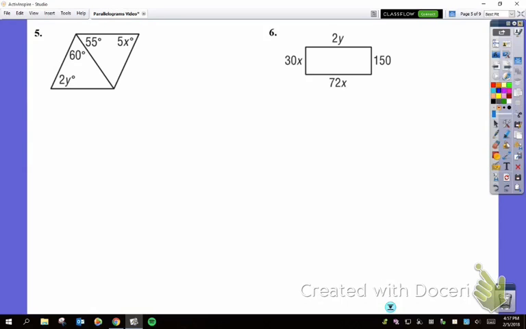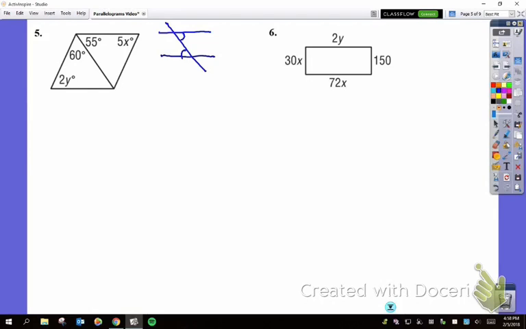Now number 5, we changed just a little bit. We add in this diagonal. Now, back to when we did parallel lines and transversals, if these are my parallel lines and this was my transversal, then this angle and this angle are our alternate interior angles. And we know that alternate interior angles are congruent. So we're still looking at that same idea here with these angles.